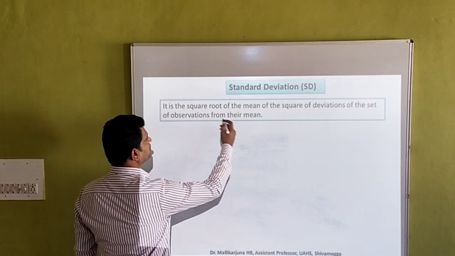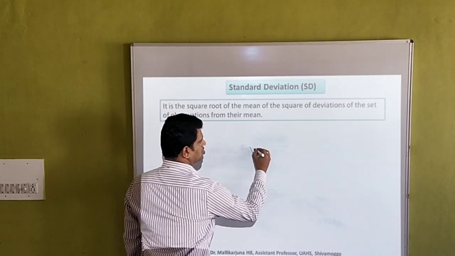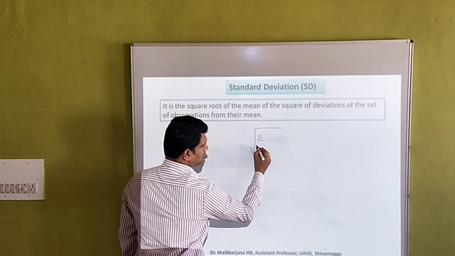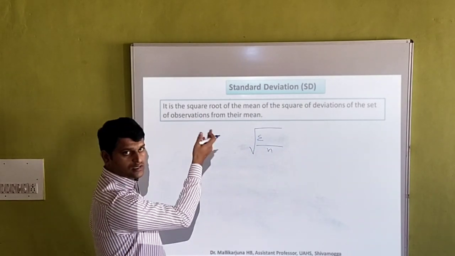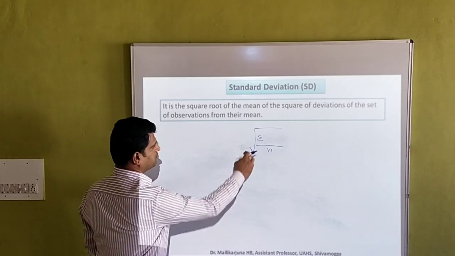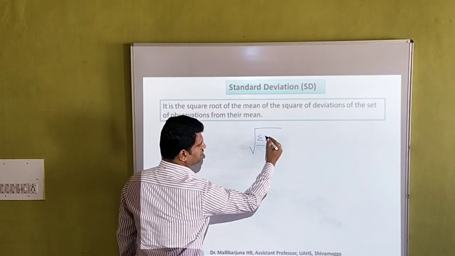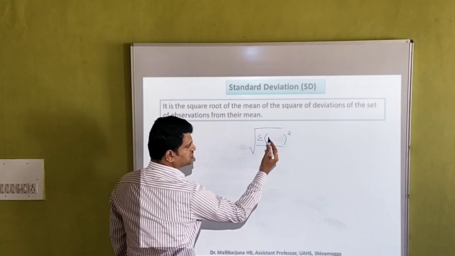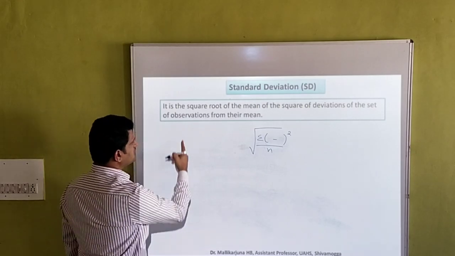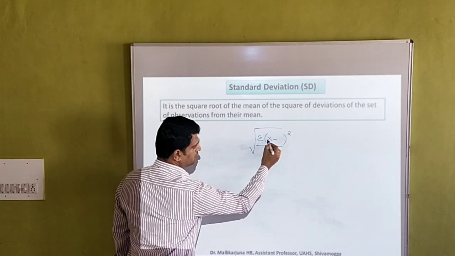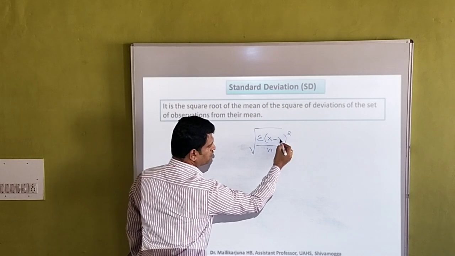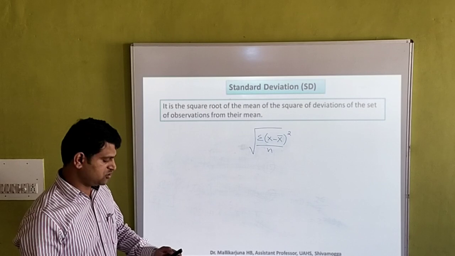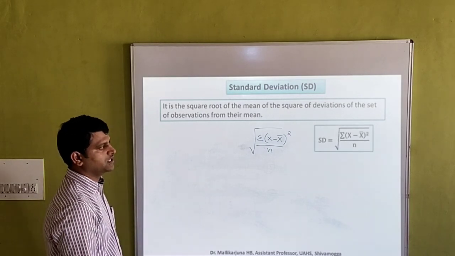Just to explain: it is the square root of the mean, where mean is sum divided by n, of the square of the deviations of a set of observations from their mean. This is the definition of standard deviation.